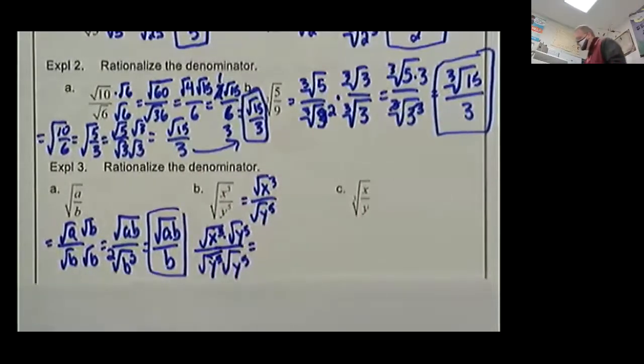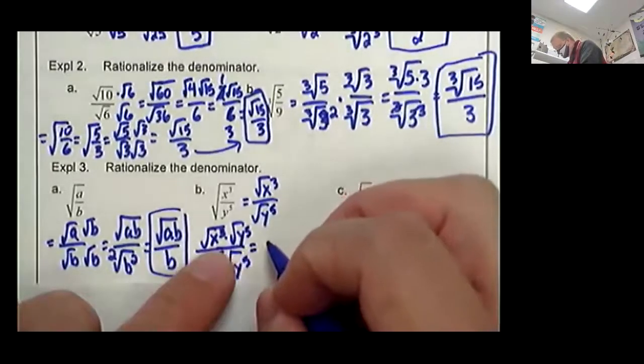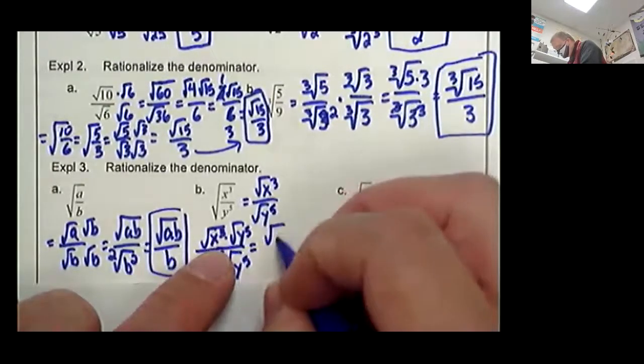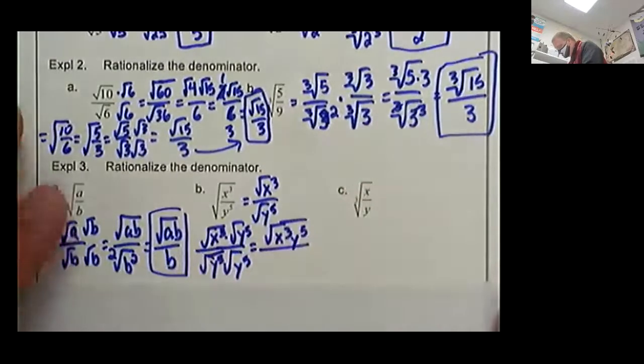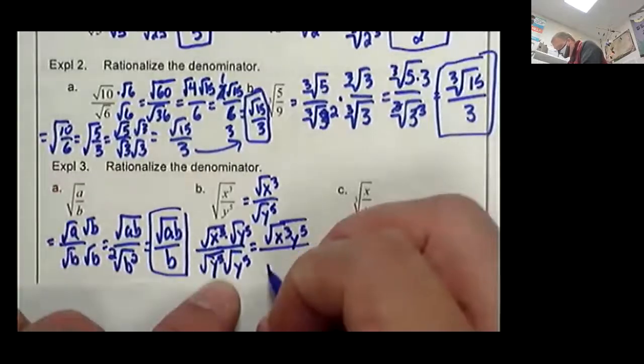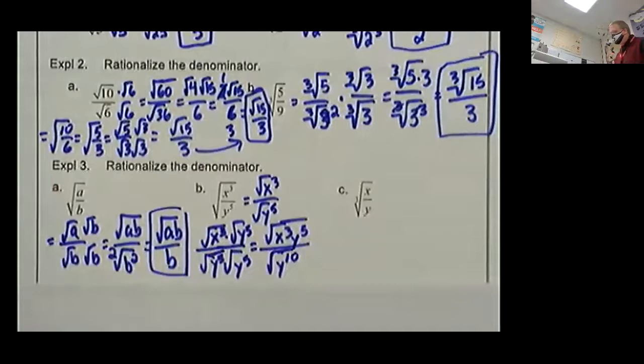So in the numerator, we have the square root of x cubed y to the fifth. In the denominator, we have the square root of y to the 10th. Now in the numerator, we want to take out every 2 powers of 2.